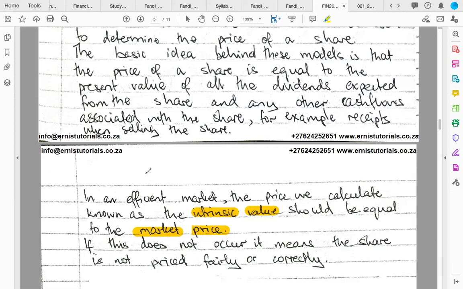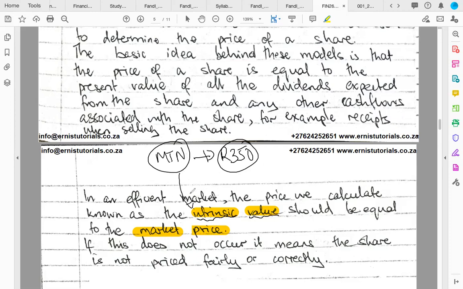We might sit down and say, okay, let's try to calculate the price of, let's say, MTN. We might do calculations on the price of MTN, and then we might see that the price of MTN, based on our calculations, is 350 Rand. We call that the intrinsic value of MTN.